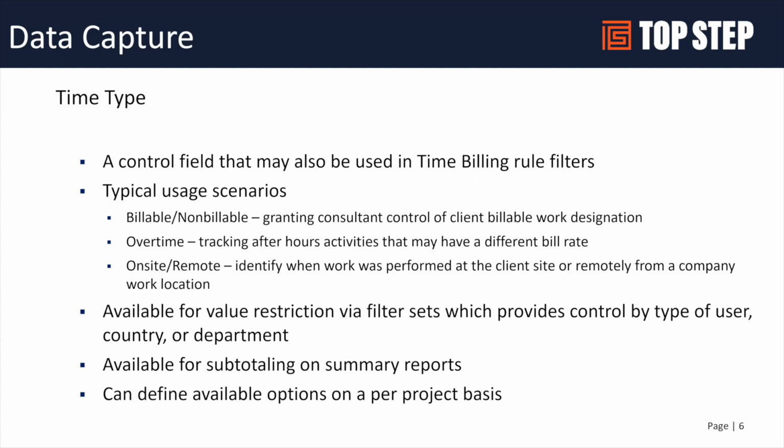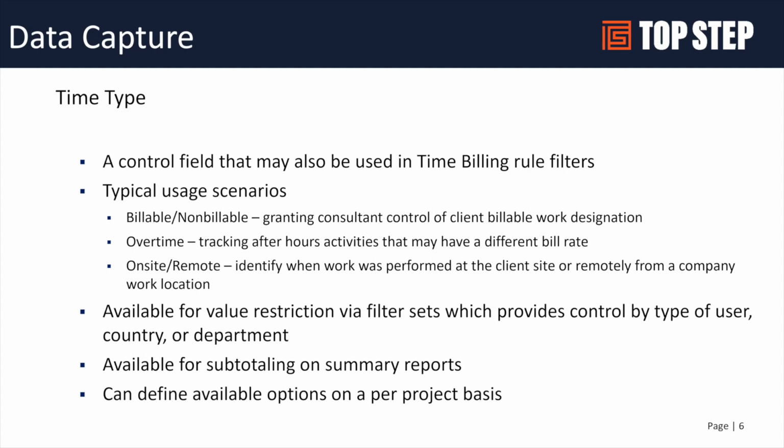But we often also see where they need to be able to enter non-billable hours against billable tasks and vice versa. And so with this, you can pick the project, pick the task, and determine if it's billable or non-billable. And then in the billing rules, you can use billable as a filter. And so that's a common use case for using time type.